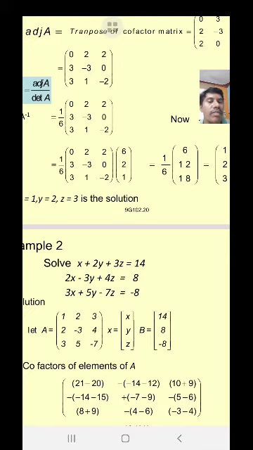So 1 by 6 is kept as it is and the two matrices are multiplied. How do we multiply? Row versus column. First row with first column: 0 into 6 is 0, 2 into 2 is 4, plus 2 into 1 is 2, so 0 plus 4 plus 2 means 6. So write the first element as 6.